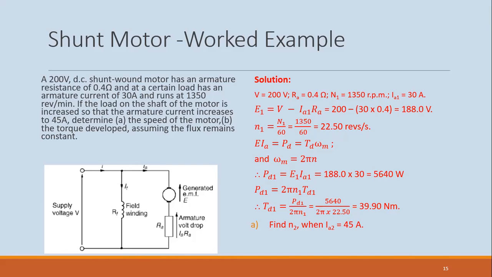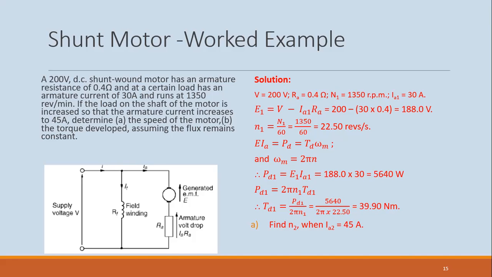If the load on the shaft of the motor is increased so that the armature current increases to 45 amps, determine A, the speed of the motor, B, the torque developed, assuming, of course, that the flux is constant, because IF will be constant, right?